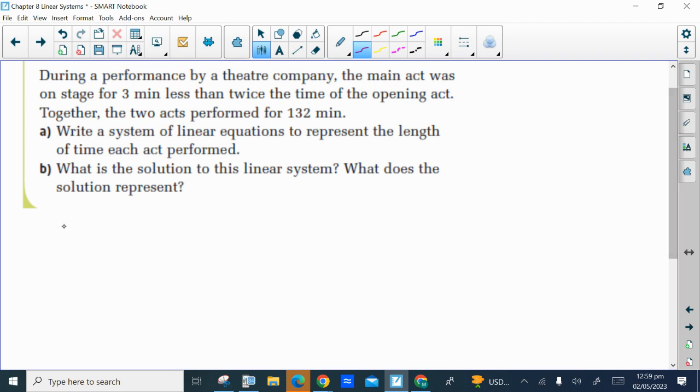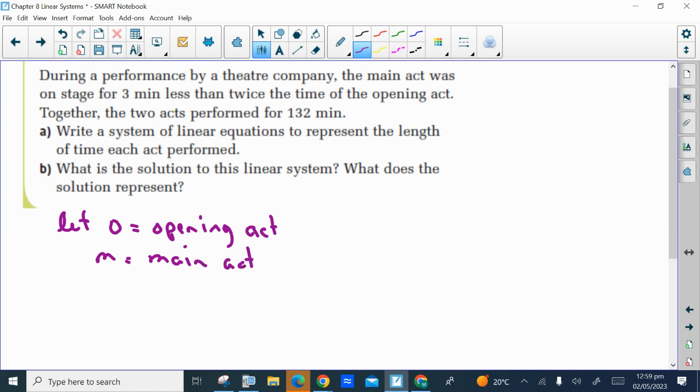So, we need to set up our variables. And the two things that we need to figure out is how long the opening act was. So we can say that let O equal the opening act. And you can choose whatever letters you want for these. And then M equaling the main act.